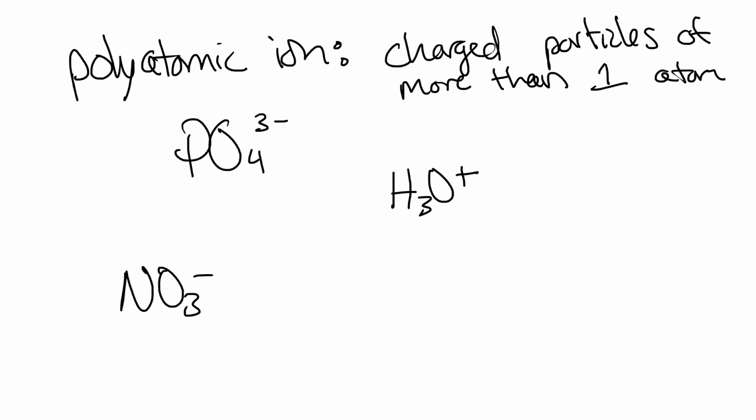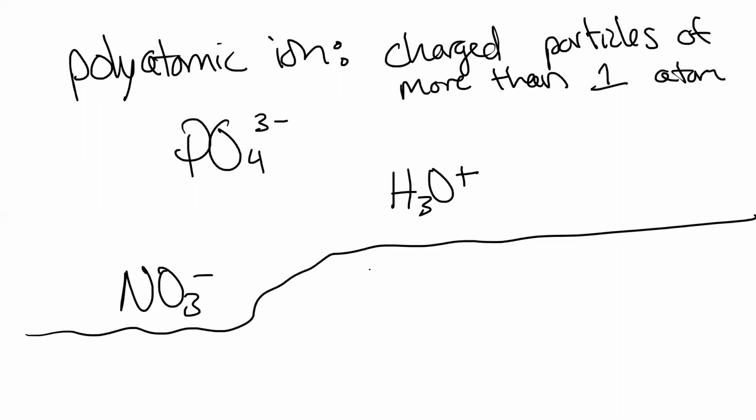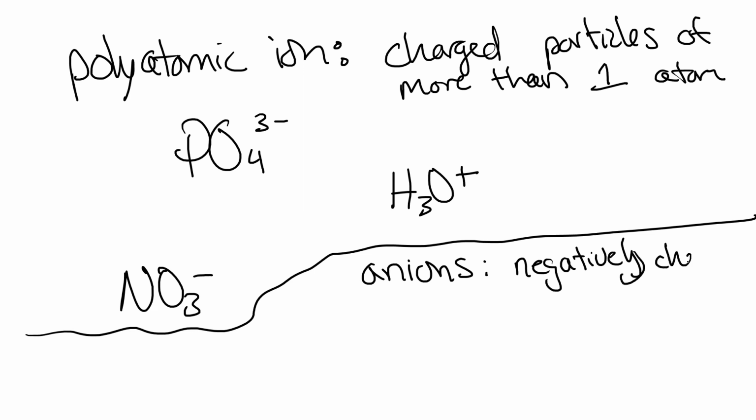So that is what an ion is. An ion is a charged substance. Okay. And a charged particle. And again, like I said, anions, negatively charged. So that means the number of electrons exceed the number of protons. Because remember, neutrons are neutral, as the name implies.